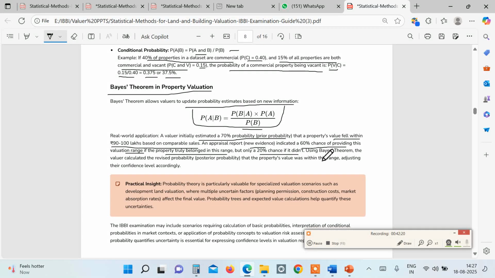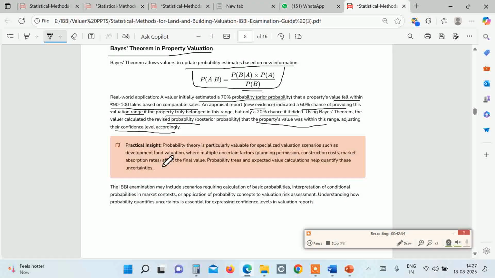So using Bayes theorem, the valuer calculates the revised probability that the property's value was within this range, adjusting their confidence level accordingly.